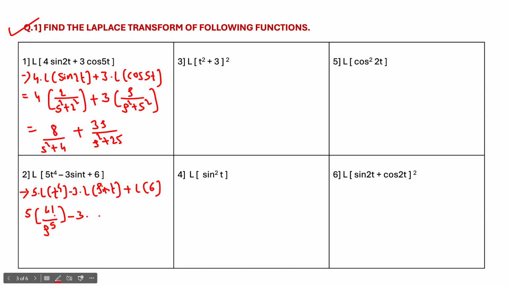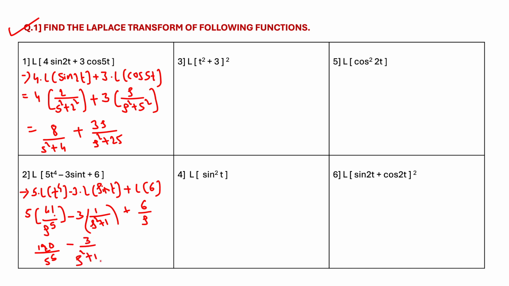Here a means 1, okay, so 1 upon s square plus 1, and plus Laplace of k is k by s, so Laplace of 6 will be 6 by s. So 4 factorial means 24, 24 times 5 will be 120, 120 upon s raised to 5 minus 3 times 1 will be 3 upon s square plus 1 and plus 6 over s. This will be your final answer.